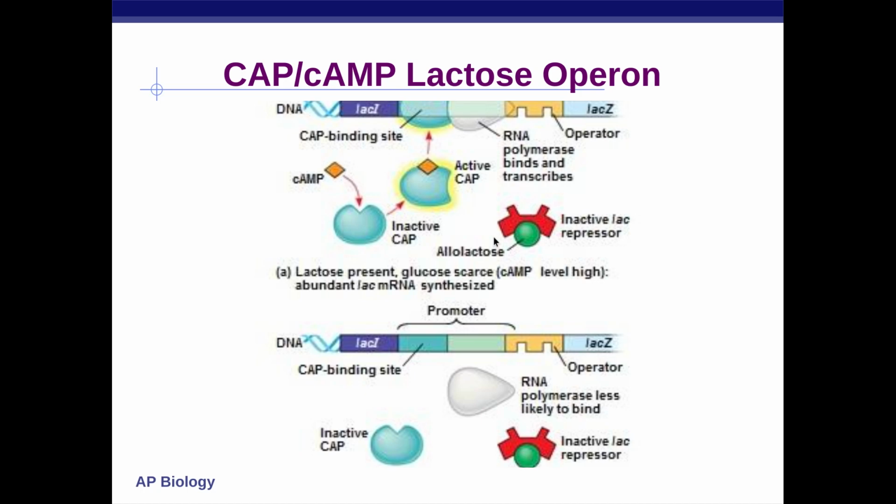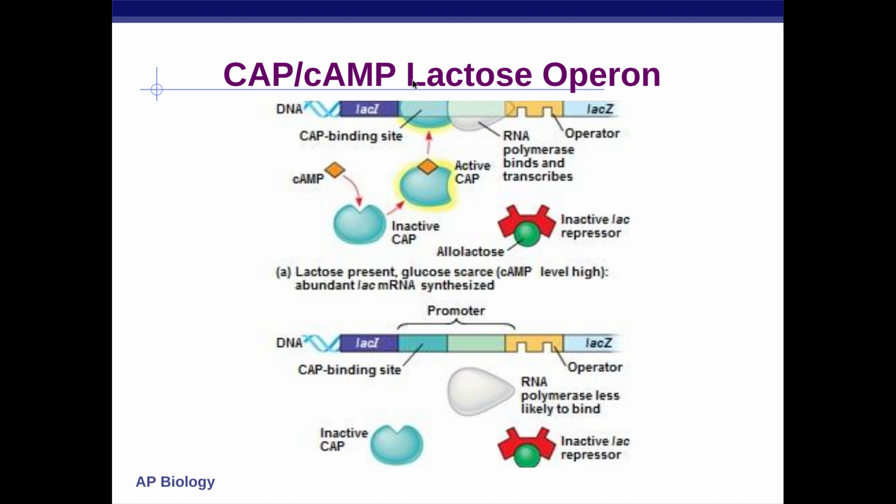So when you have glucose, it doesn't want to use the lactose operon. Let's first look at the situation. When you have less glucose and you have more lactose, you want the lactose operon pathway to be active.